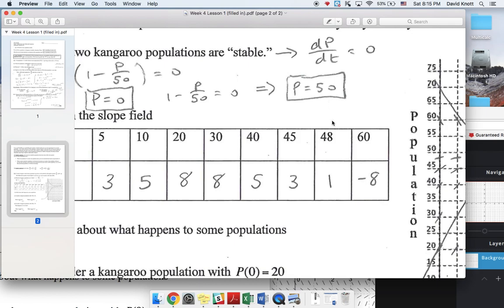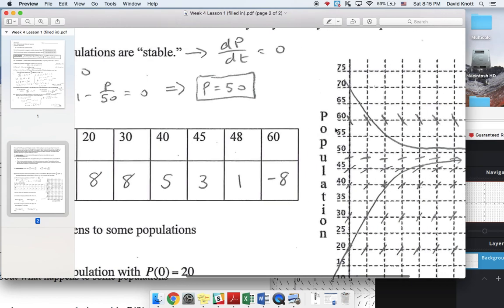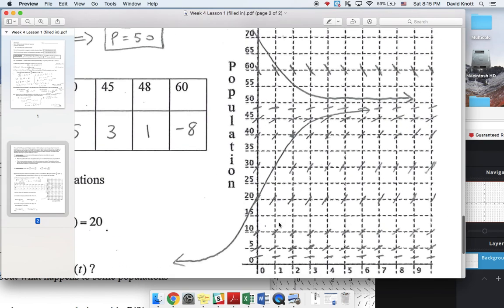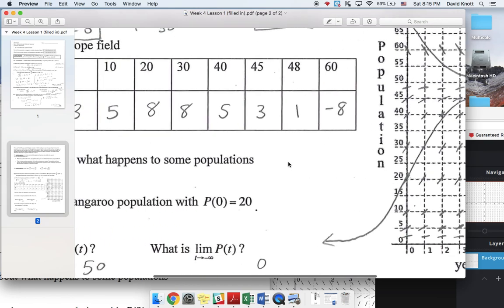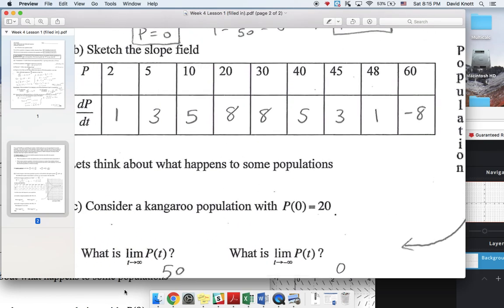At 0 and 50, the differential equation says dp/dt is 0. That means that at these two p-values, the slopes will all be flat. So at 0, the slopes should all be flat, horizontal lines here. And at 50, the slopes should all be flat. Now let's think about what that means.